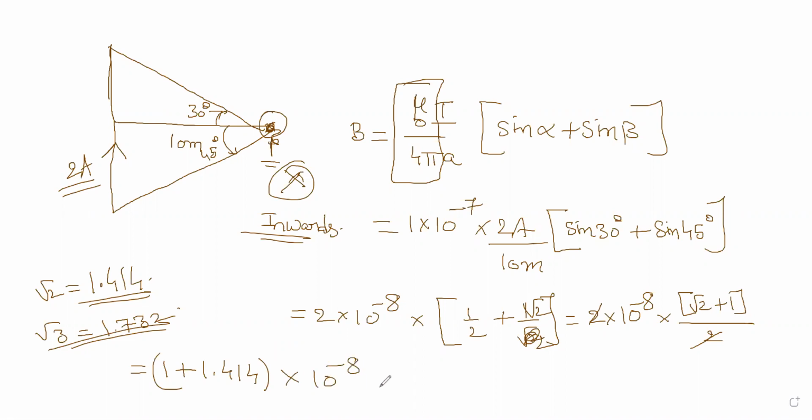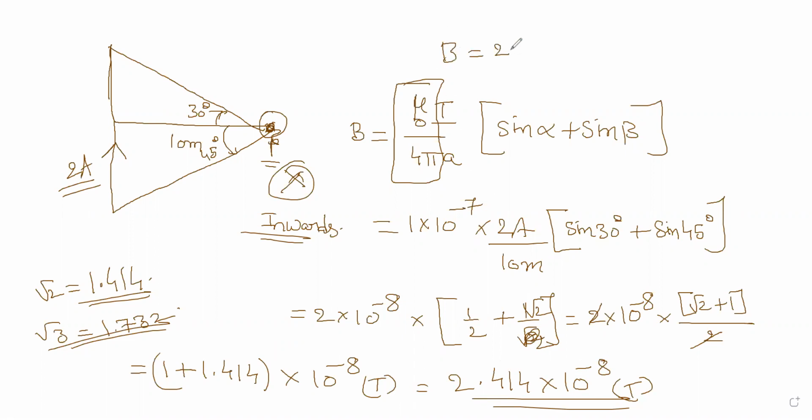So this is 2.414 into 10 to the power of minus 8 Tesla. That's the magnetic field. The B value is 2.414 into 10 to the power of minus 8 Tesla.